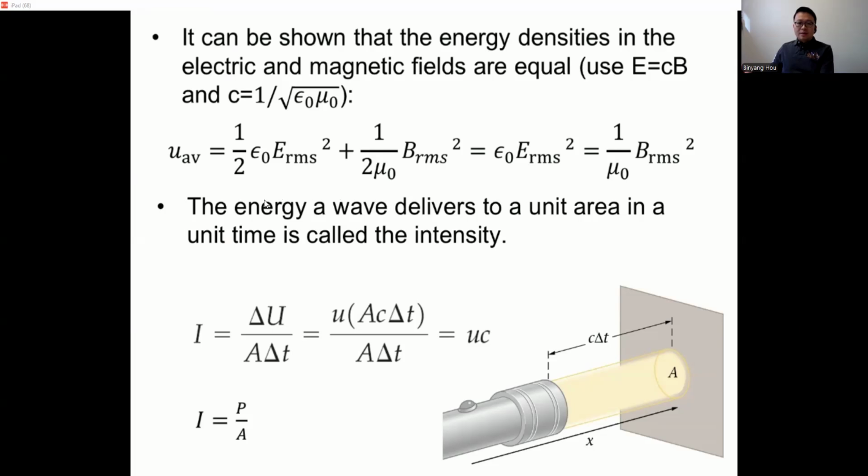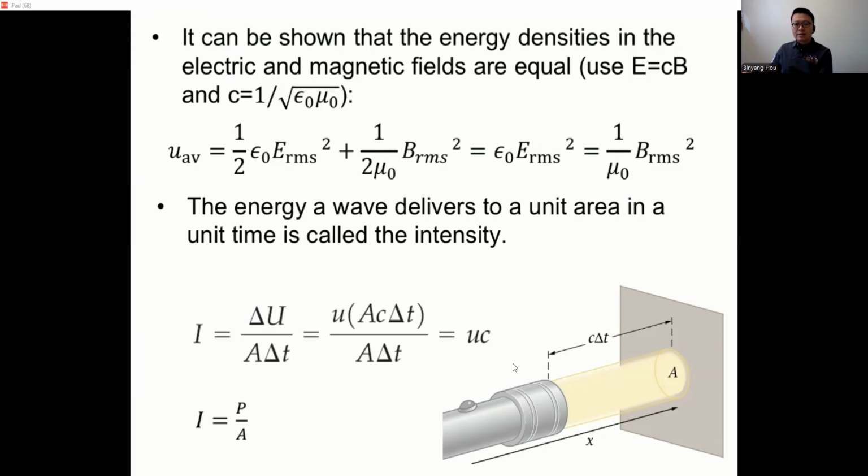Next, we'll take a look at the term called intensity. Intensity is the energy delivered over a certain area in a given unit time. So delta U over A times delta T is equal to the intensity, and delta U is the total energy.